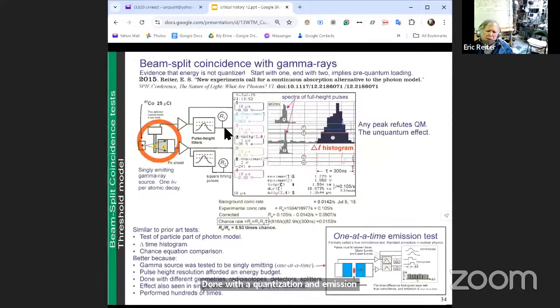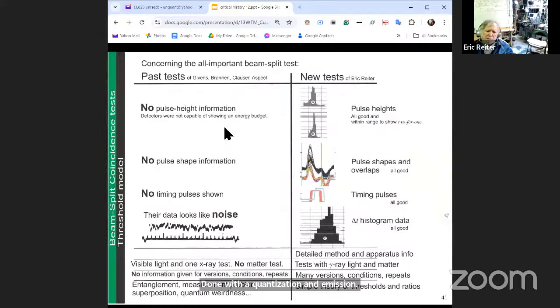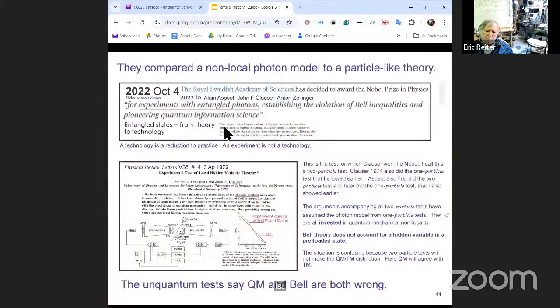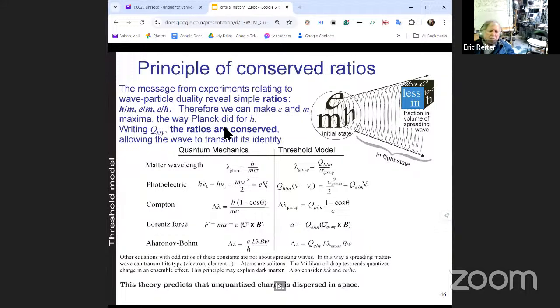The matter part is best explained in this slide with the principle of conserved ratios, where the identity of what goes across space in the matter wave is in the detail of the wave, such that what gets absorbed continuously can pick up the signature of the matter wave. Like with an electron, the signature is the charge to mass and action ratios are all staying in proportion, a property of the wave.